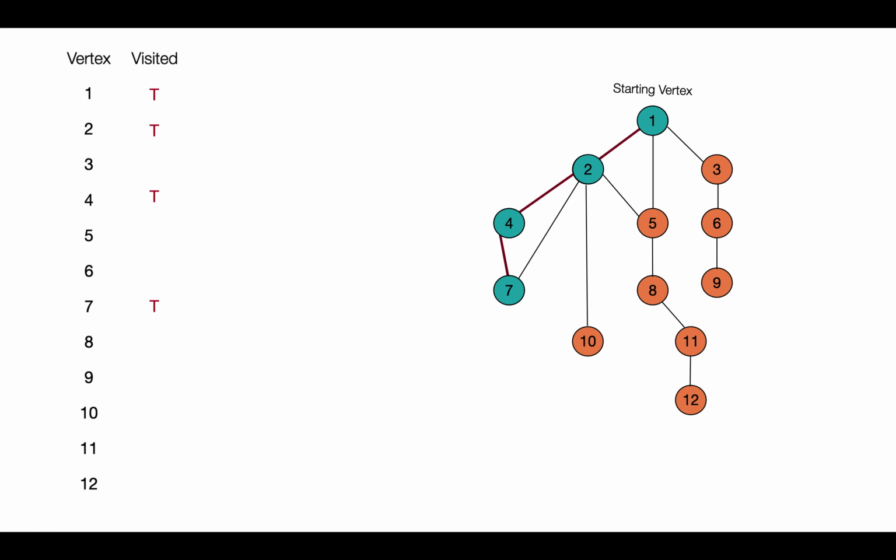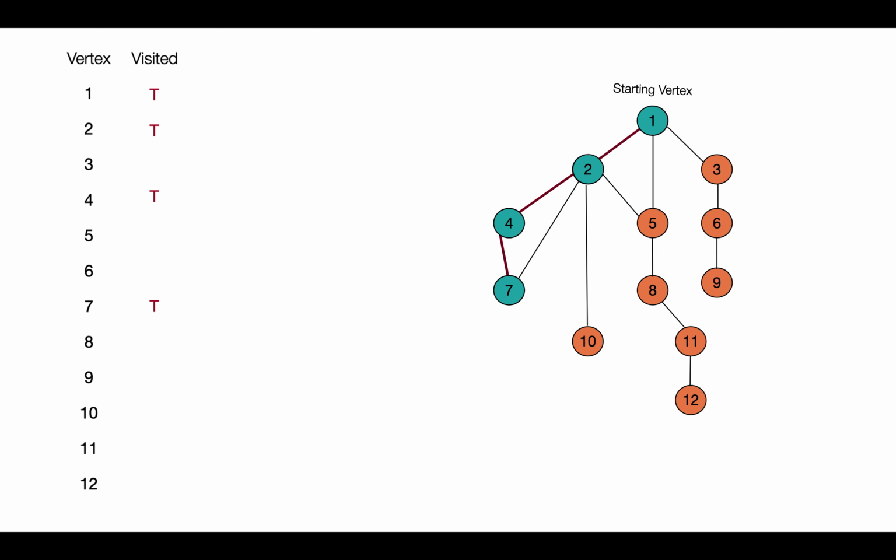Now see in this graph, from 7 we don't have any node to go further. At this point, execution gets back to the node from where it came to the current node. So we came to 7 from 4, right? So execution gets back to 4 and then it checks if it has other branches to traverse.